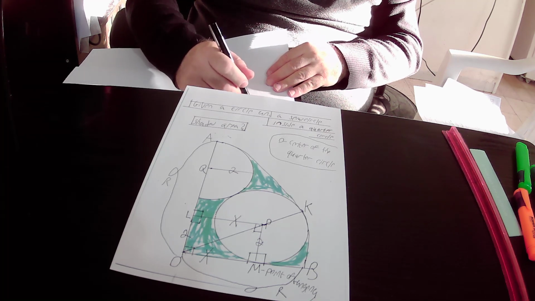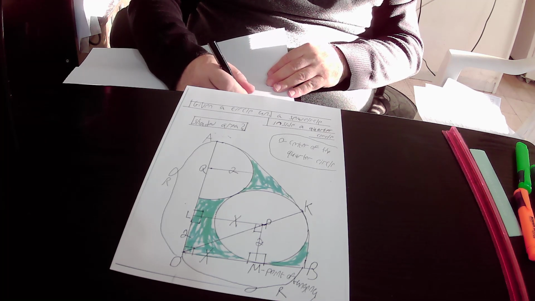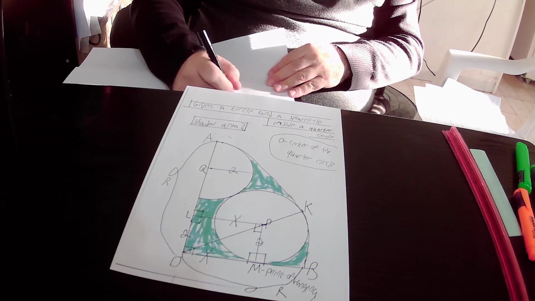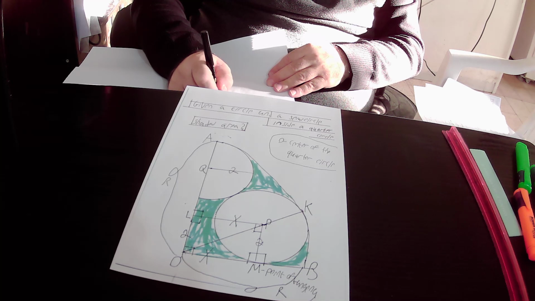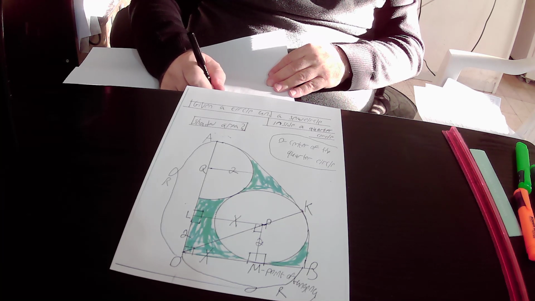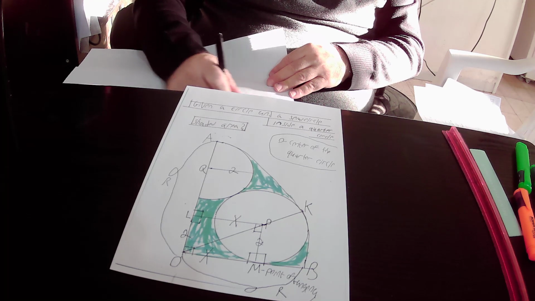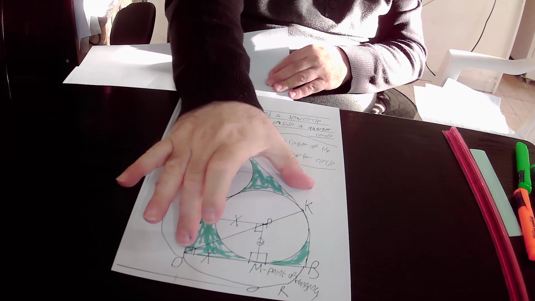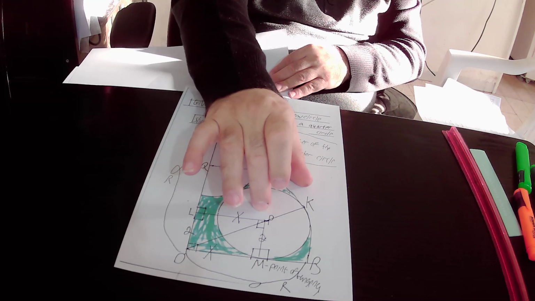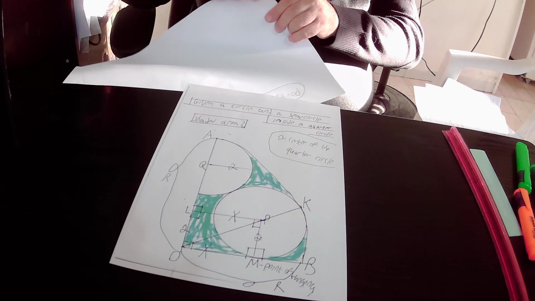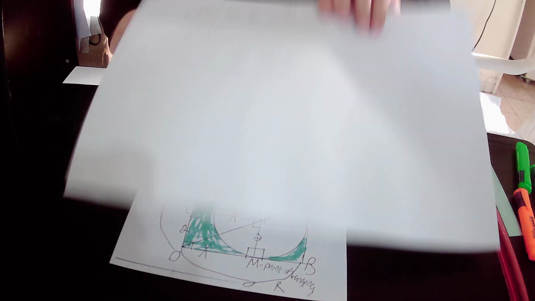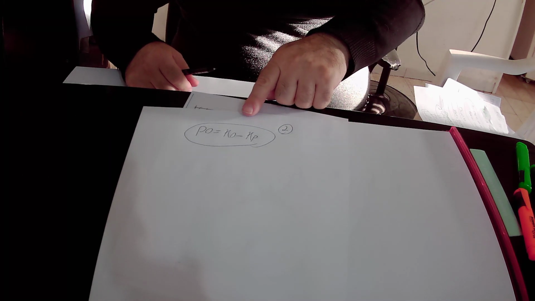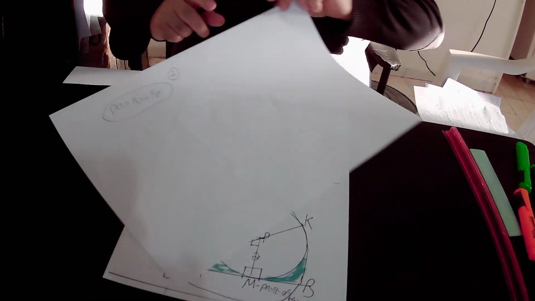The length of line segment PO equals KO minus KP. I repeat again: PO equals KO minus KP.